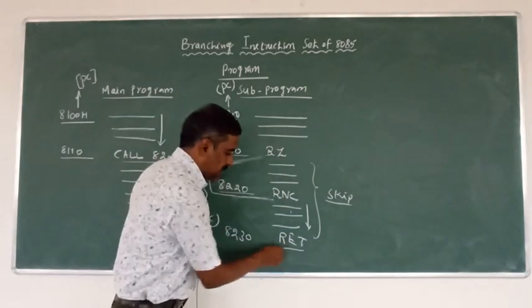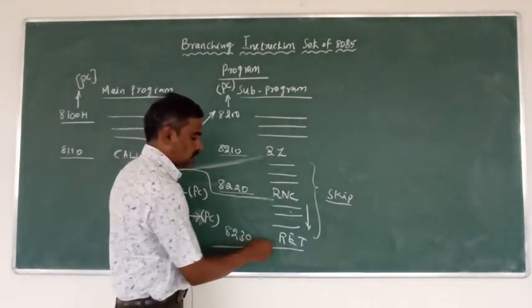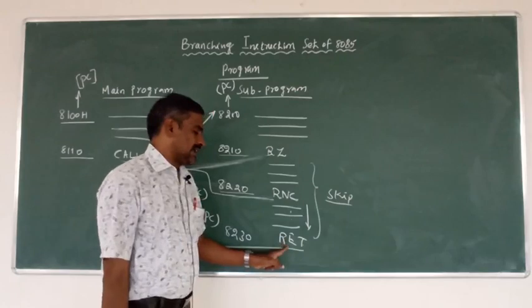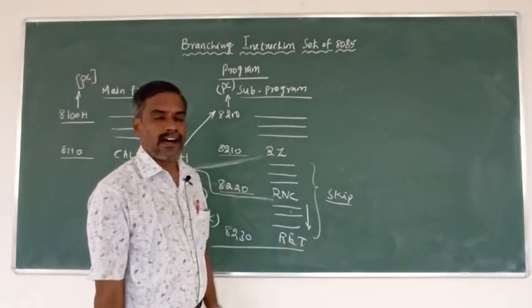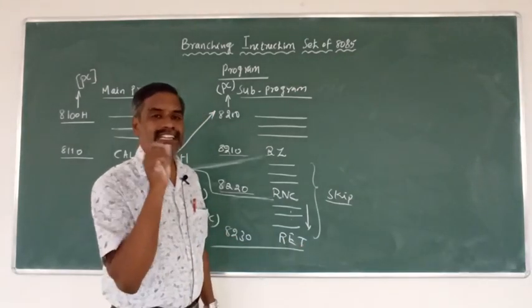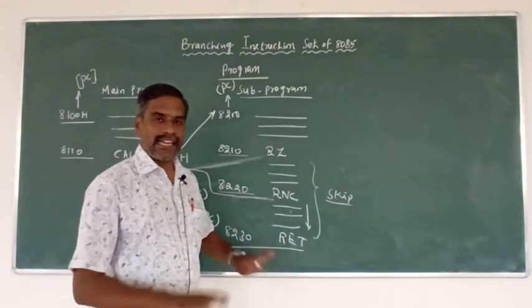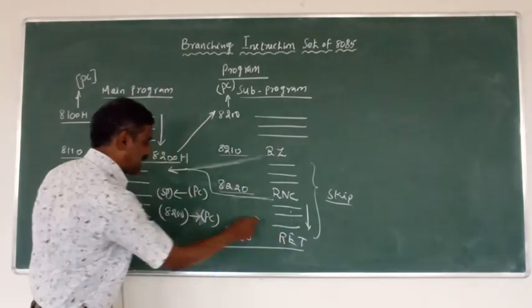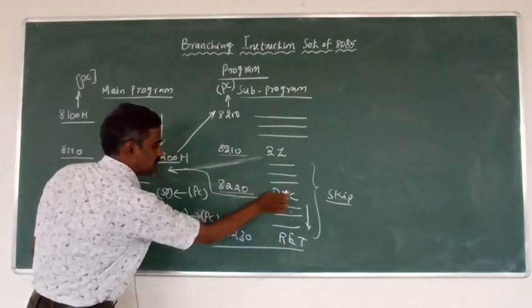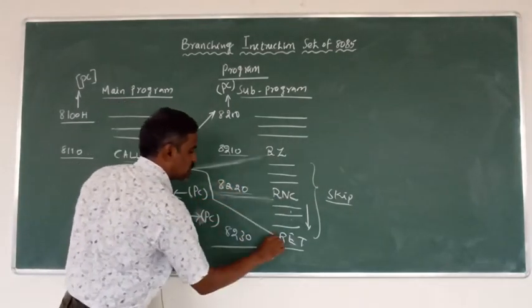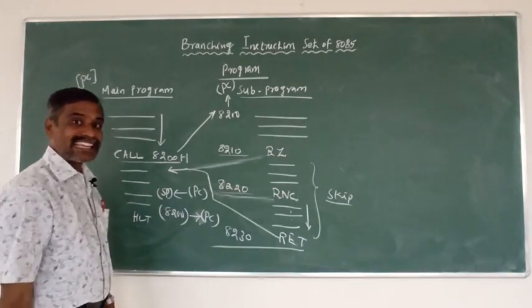At the end of the program, 8230, there is RET, return. RET means unconditional return without any condition checking. It will return back to the instruction next to the call instruction.